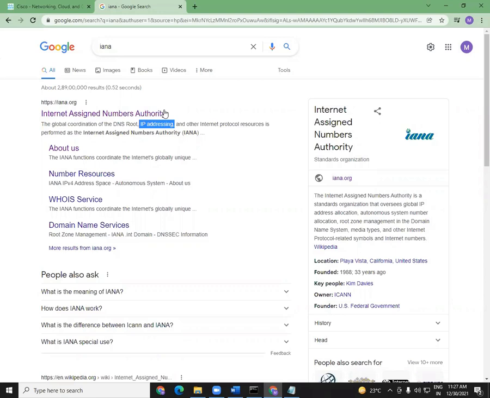Under India, we have BSNL, which is a government provider. So like this, there is a whole structure. That means if an IP address is used by you or me somewhere in India, the same IP address cannot be assigned to any other person, because the Internet Assigned Numbers Authority is maintaining all the database.